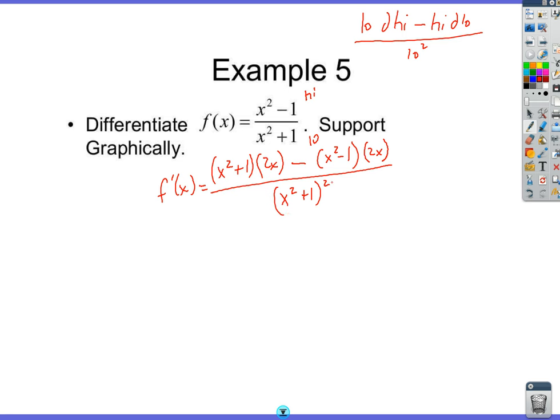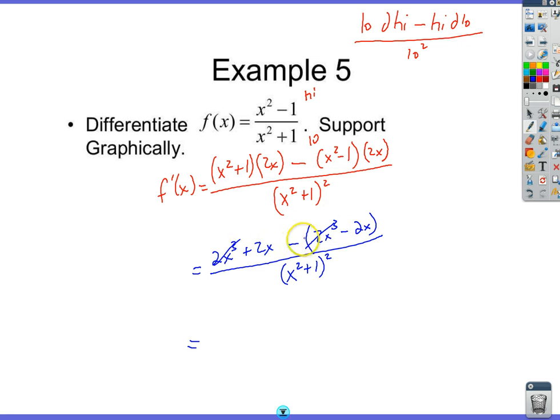All right, wow, that looks like a lot. So now all we have to do is distribute and do our algebra part here. So this is all equal to 2x cubed plus 2x, minus the quantity 2x cubed minus 2x, all over x squared plus 1 squared, which is finally going to equal, well, the 2x cubes will end up canceling themselves away.